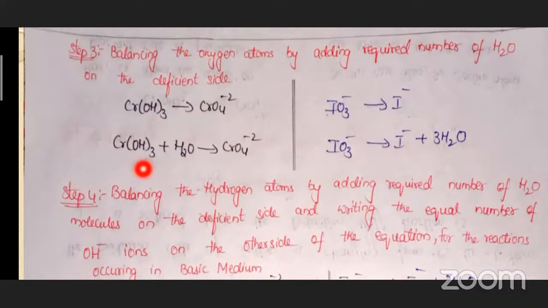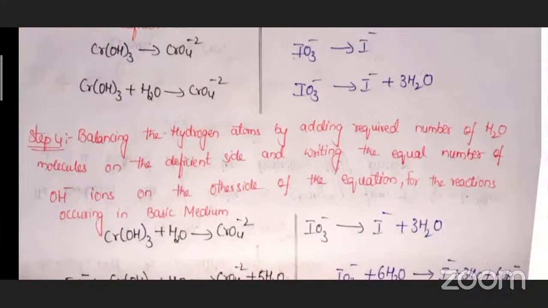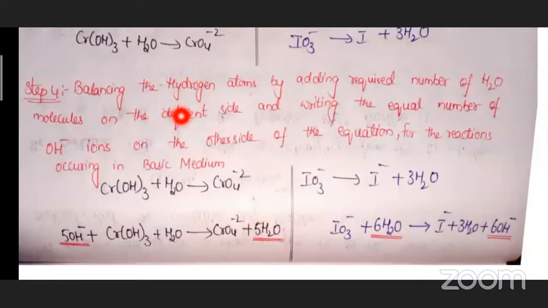So now how to balance the hydrogen in the basic medium? Let us see here. We balance the hydrogen atoms by adding the required number of water molecules on the deficient side and writing the equal number of OH minus ions on the other side of the equation, for reactions occurring in basic medium.